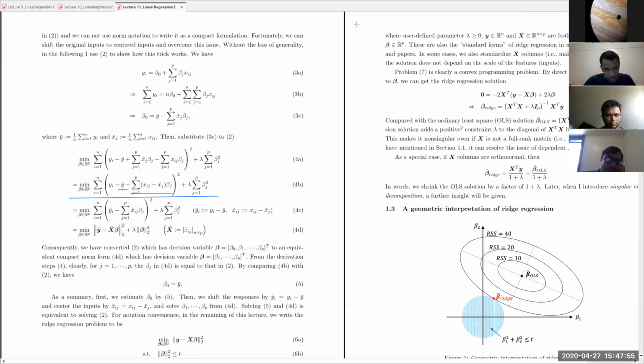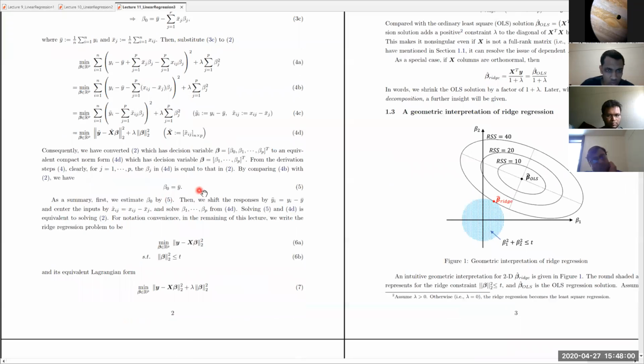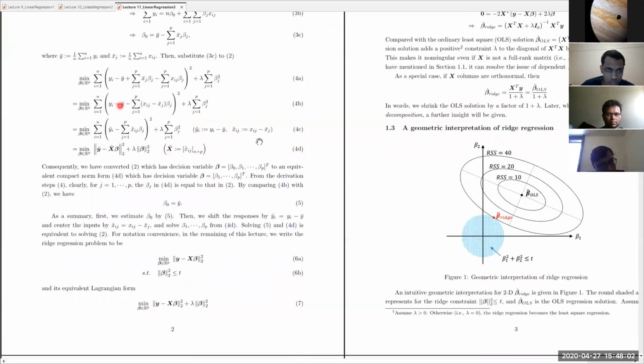So I estimate beta 0 by y bar. And then in this new system, the y tilde_i and x tilde_ij system, I can write the ridge problem this way, or this way, the equivalent Lagrange form. See it? And to make my life simpler, in the remaining part of the whole lecture I'm going to use this notation.